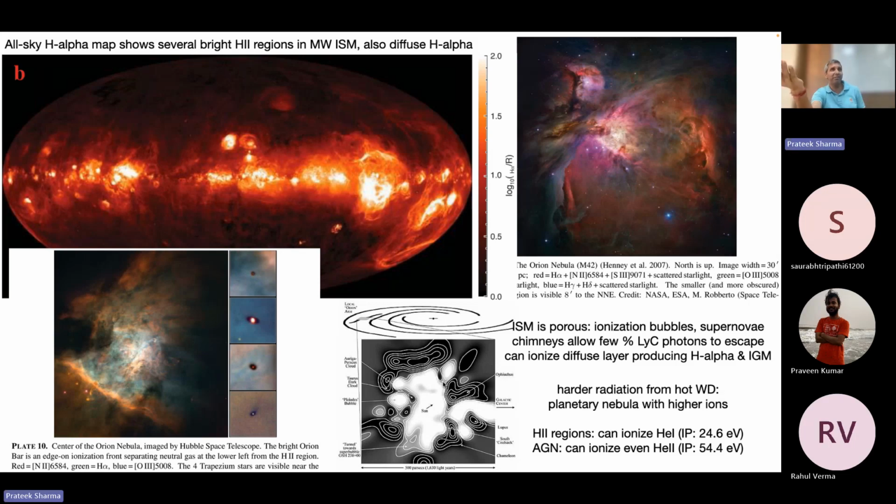You need to ionize the universe, and for that you require that radiation is coming from galaxies. So some of these ionizing photons have to leave the ISM and enter the IGM to ionize the IGM, right? So this is called escape of Lyman continuum photons from the interstellar medium.